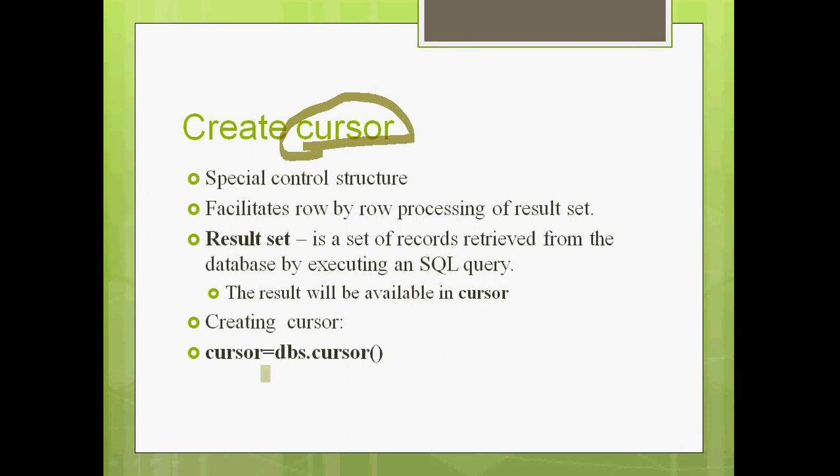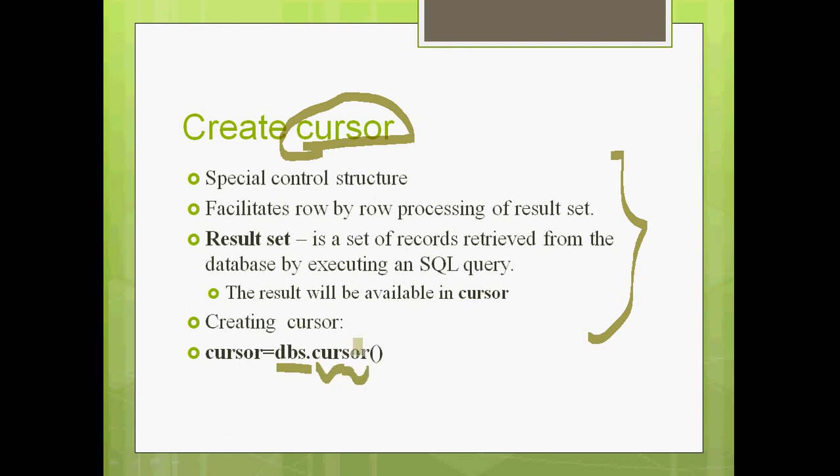So how do you create a cursor? We have been talking about cursor, but what is this cursor? How do you create this after the connection is established? dbs is the connection instance. I hope you remember, dbs holds the connection now. And cursor is created using the class cursor.